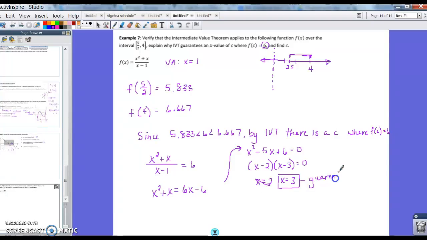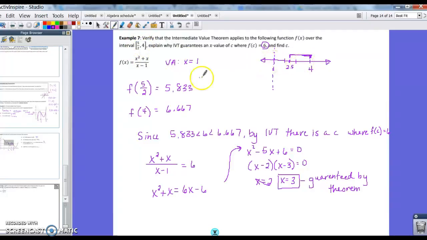Let's walk through one more time what we just did. First, we said that in order to use the intermediate value theorem, we have to have a continuous function within the interval. We realized that this is continuous everywhere except at x equals 1, but 1 isn't in the interval from 5/2 to 4.